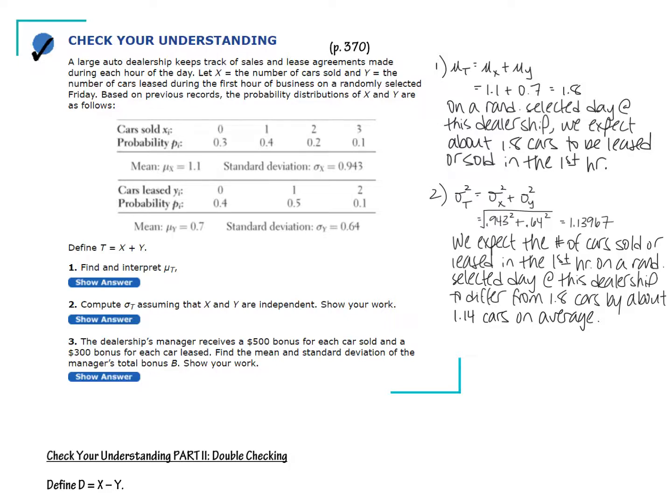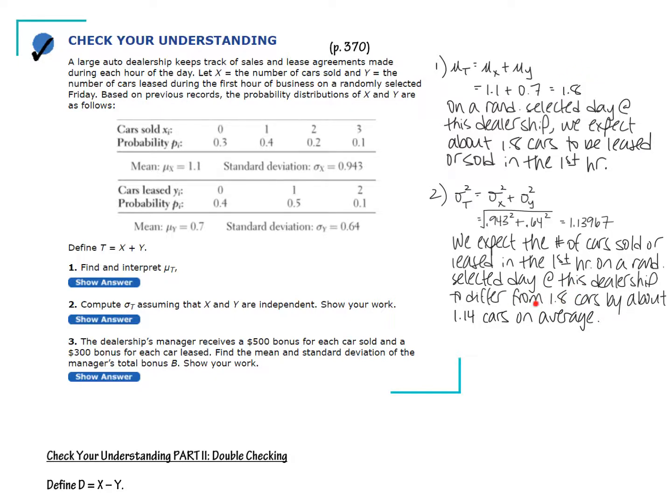So remember the interpretation, that's the same interpretation of standard deviation from chapter 1. It's the expected difference from the mean on average. So we expect, and then just add in the context, number of cars sold or leased in the first hour on a randomly selected day at this dealership, to differ from the mean. That was this number up here, the 1.8.